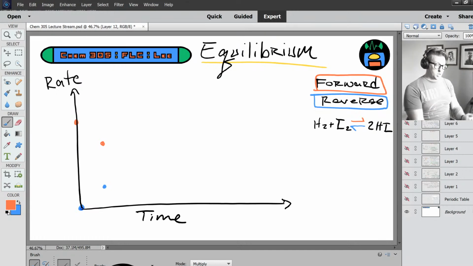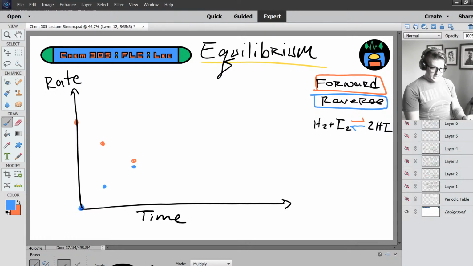As the reaction goes on, the rate of the forward reaction continues to fall because the concentrations of the reactants are decreasing as they react away, whereas the rate of the reverse reaction continues to rise because the concentration of HI is increasing.